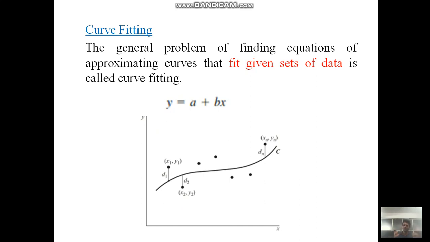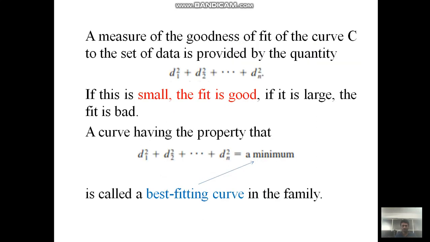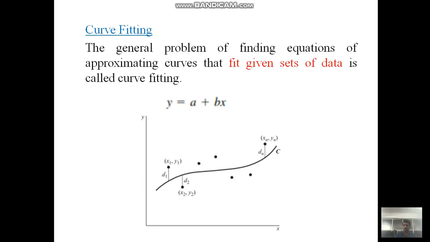In general, n points are given in the R2 plane, and our aim is to find the equation of the straight line which best represents all those points. Remember one thing: our aim is not to find the straight line which passes through all these points, 1, 2, 3, 4 and so on. Nor is our aim to find the straight line that covers the maximum number of points.